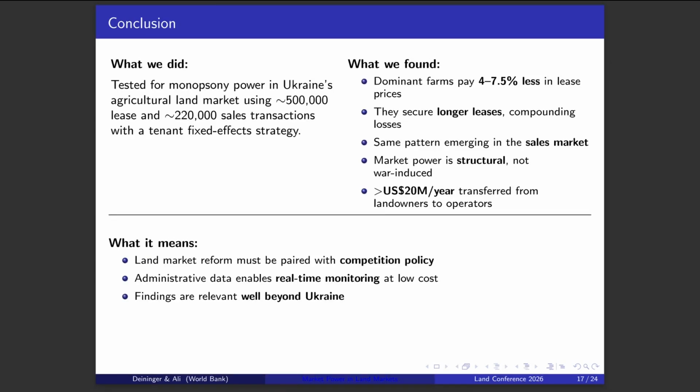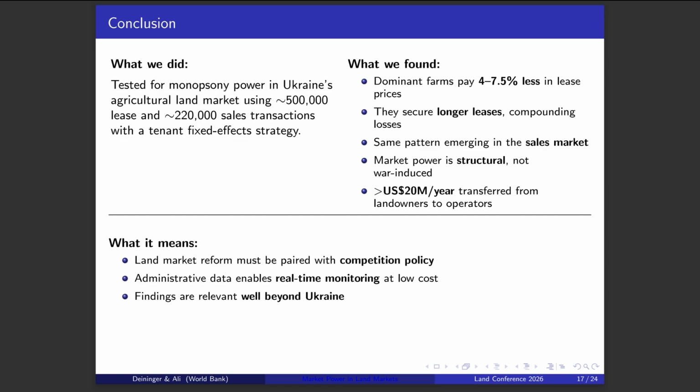To conclude, we tested for monopoly power in Ukraine's land market using more than 500,000 leases and 200,000 sales transactions with a tenant fixed effect strategy. We found that dominant farms pay 4 to 7% less in lease prices.